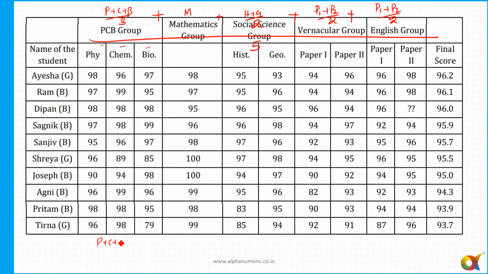P plus C plus B upon 15, plus Maths by 5, plus the social science group, that is history plus geography by 10, and the vernacular group, that is paper 1 plus paper 2 by 10. And in the English group, it will be paper 1 plus paper 2 by 10. This is how we are going to calculate the final score.